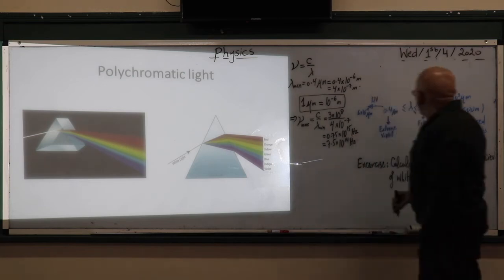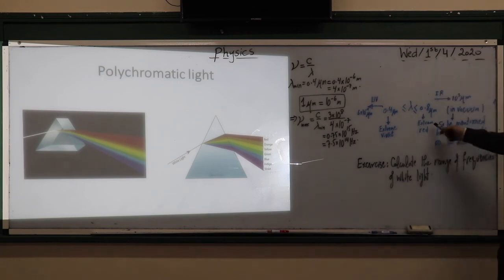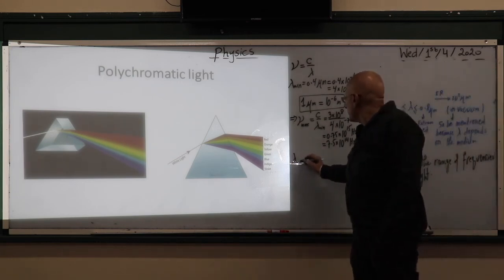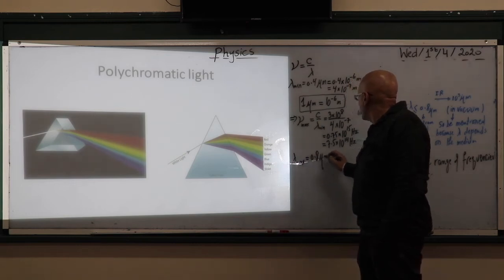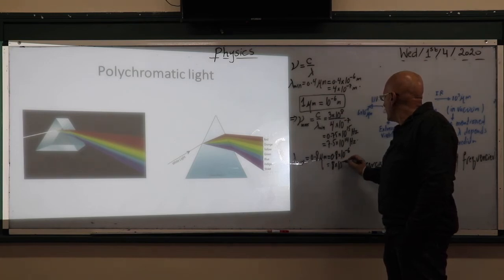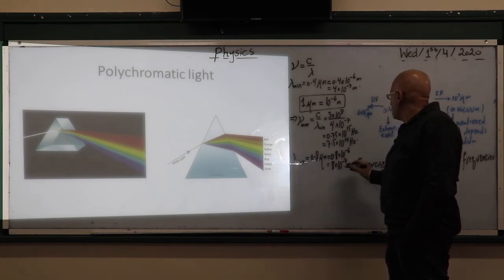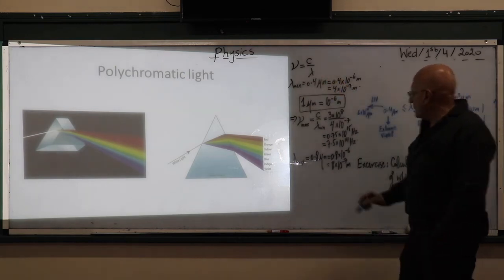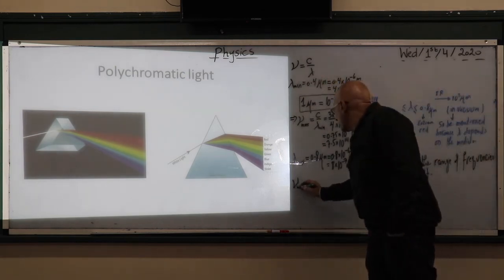Now the maximum lambda is that of the extreme red. Lambda maximum is equal 0.8 micrometer, which is equal 0.8 times 10 power minus 6, which is equal 8 times 10 power minus 7 meter. Now lambda is maximum, so the frequency is minimum.